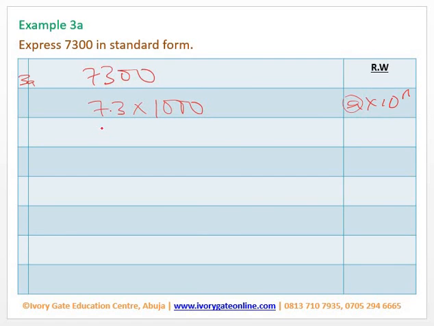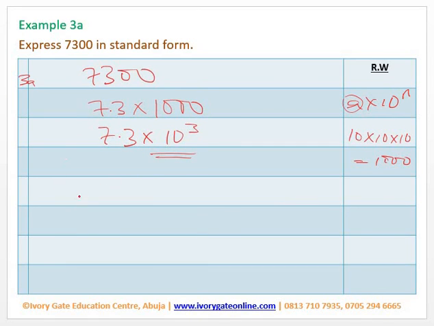Okay, so in that case, 7.3 times 10 raised to power 3, because 10 times 10 times 10 is 1000. So this is in standard form.